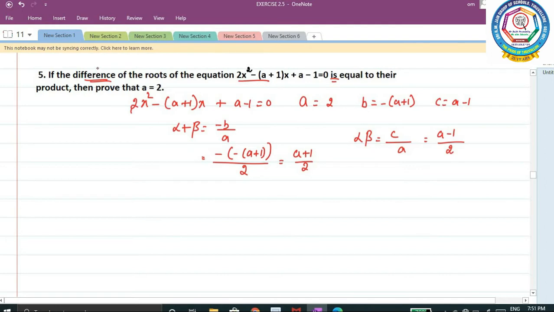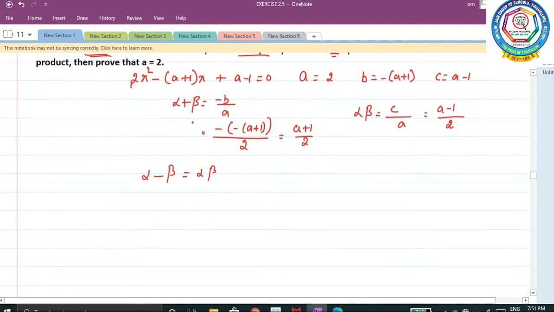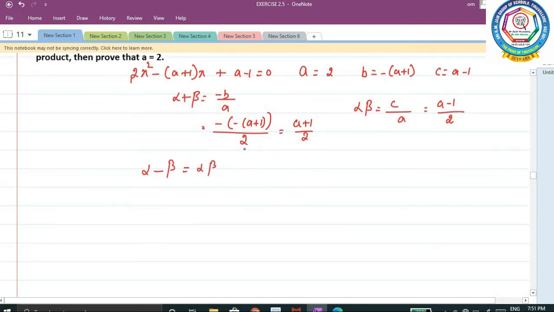So here what condition is given? The difference of the roots. Difference means alpha minus beta is equal to their product, that is alpha beta. But we know only alpha plus beta. So alpha minus beta equals alpha beta, which we got as (a minus 1) by 2.